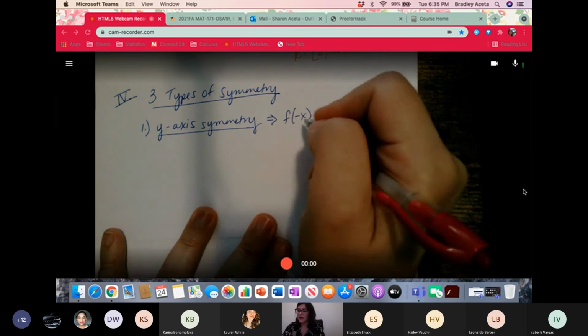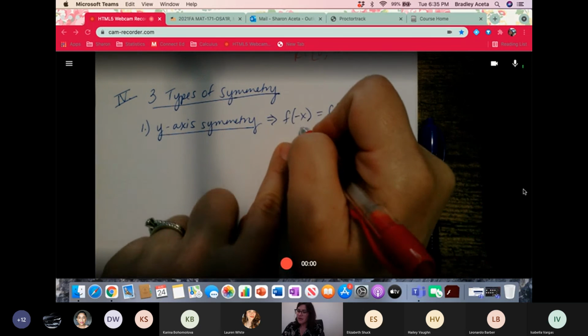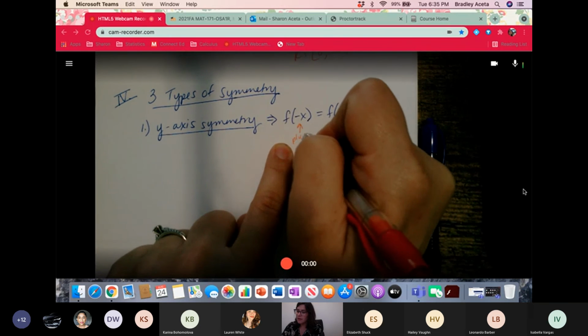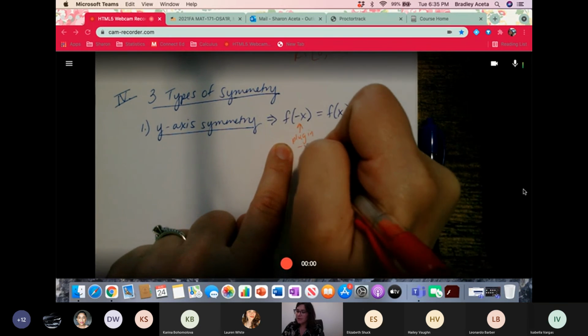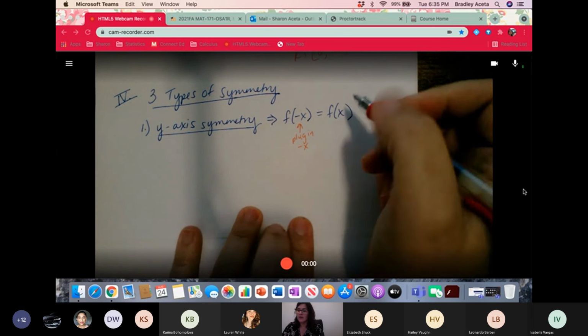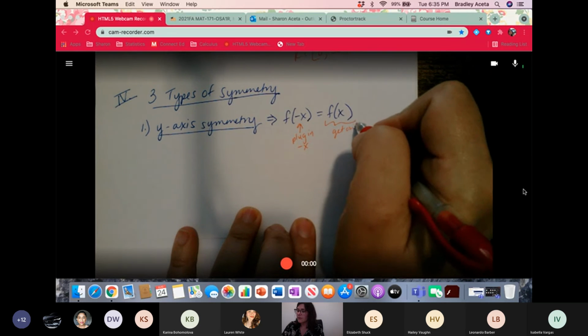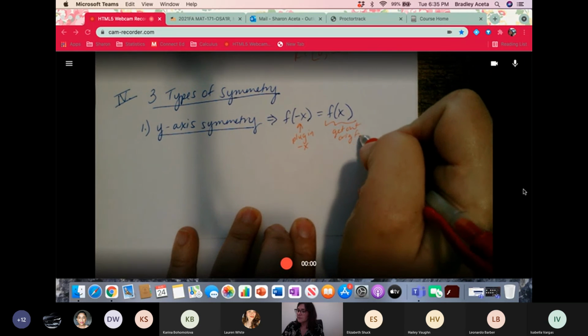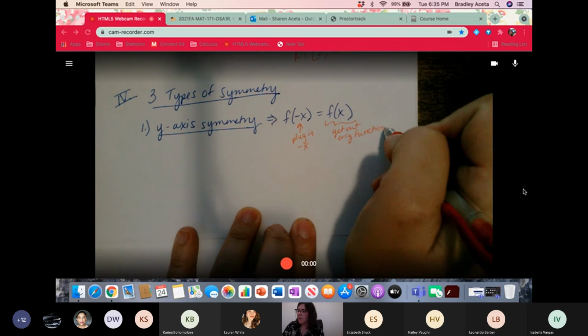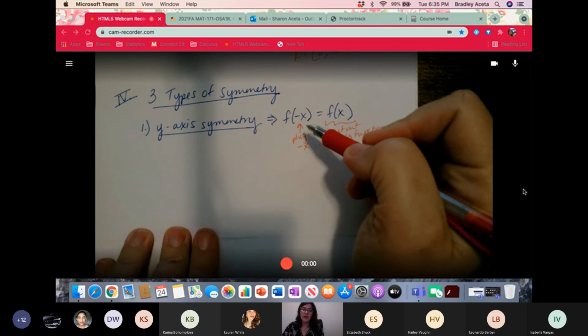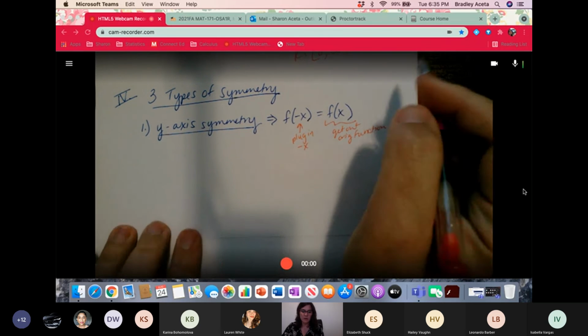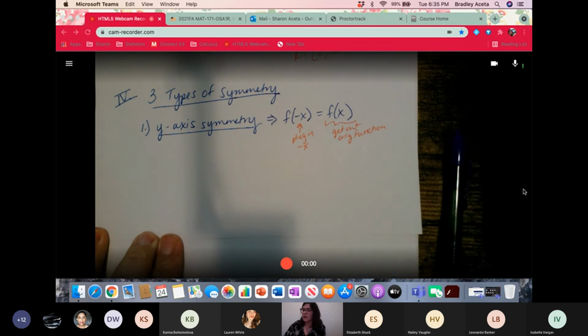So what is this saying? This is saying if you plug a negative x into the function, you're going to get out the original function.